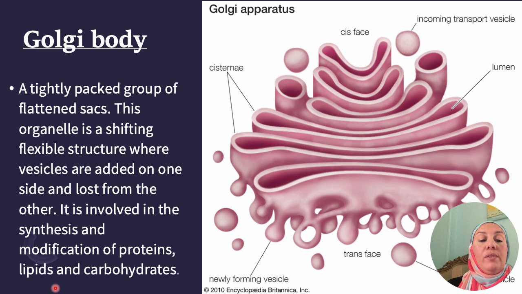Also modification of lipids and modification of carbohydrates. And in the end, this chemical that has been modified is packaged. You can see here it is budding out of the last layer in the Golgi apparatus, and this vesicle will separate, and then it will move.